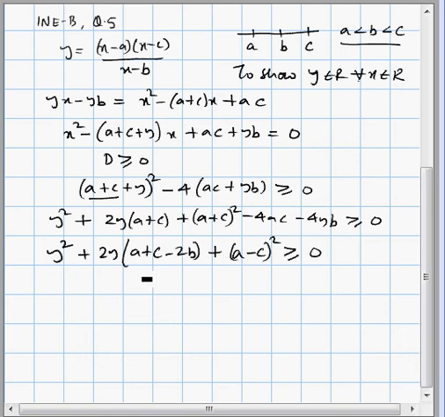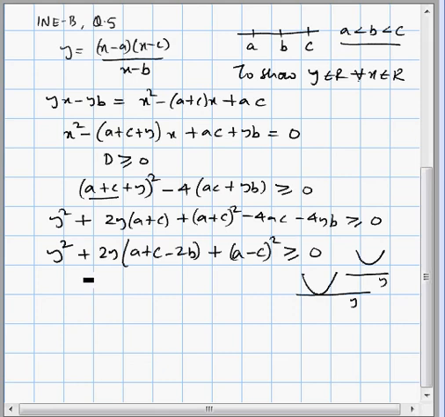Now you know this expression takes all real values, means that the graph of this quadratic expression should be like this, either touching, or it should be above. Of course we are taking y as the independent variable, so this expression is a quadratic expression, and the graph of a quadratic expression is a parabola.